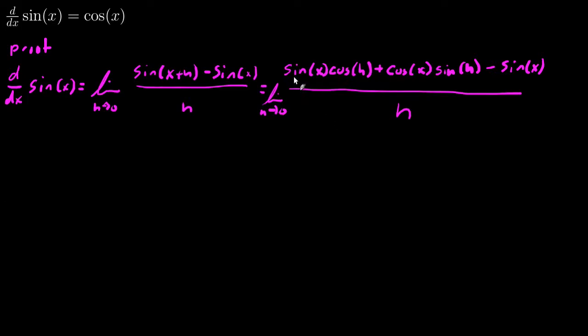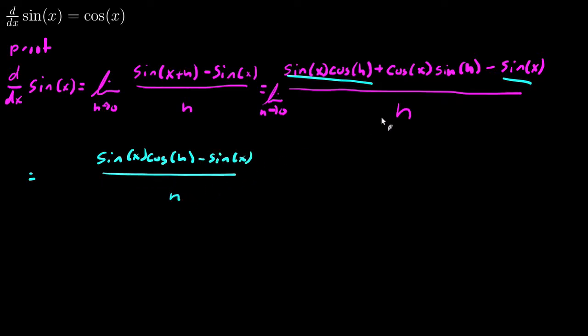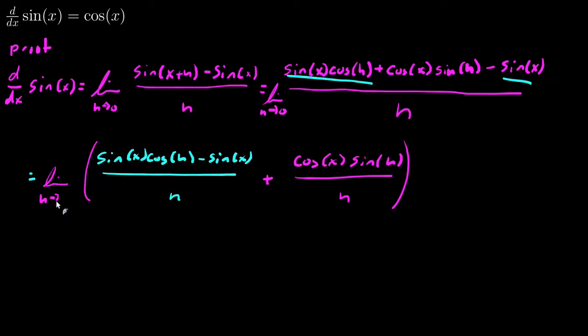So I will group these terms together and have sine of x cosine of h minus sine of x all over h, and the rest I will leave separate, so plus cosine x sine h all over h, and this is all being done as the limit as h approaches 0.